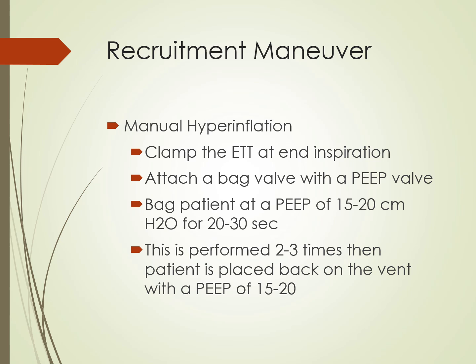You attach a bag valve with a PEEP valve to it, and you set the PEEP anywhere from 15 to 20, and then you keep that PEEP valve on the patient for anywhere from 20 to 30 seconds. You perform this maneuver 2 to 3 times, and then the patient is put back on a ventilator at a higher level PEEP of 15 to 20.